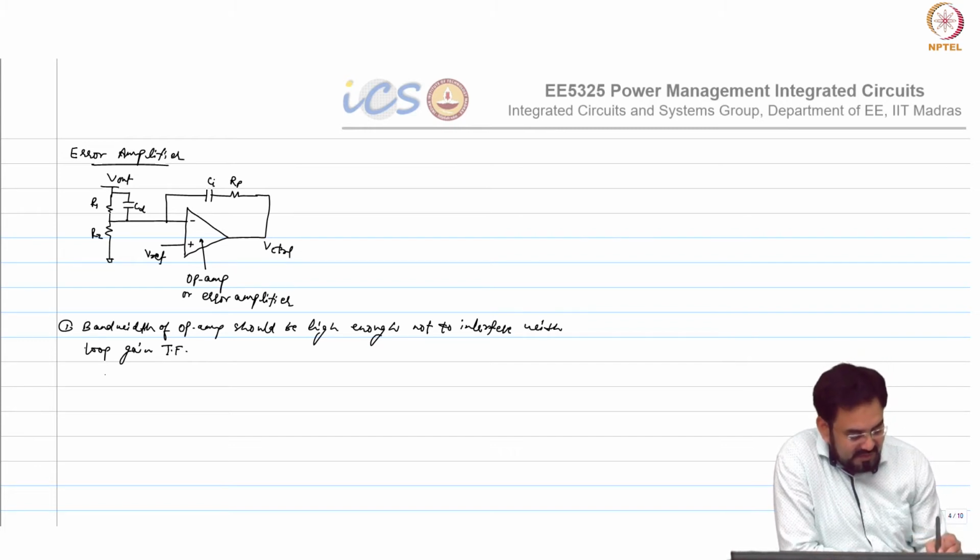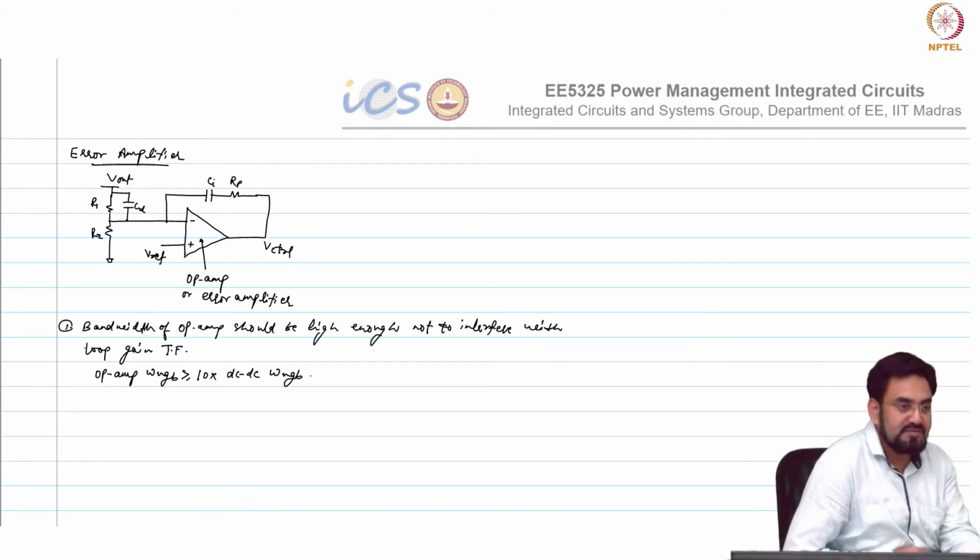Most of the time, you keep the op amp omega UGB 10 times of your DC to DC.